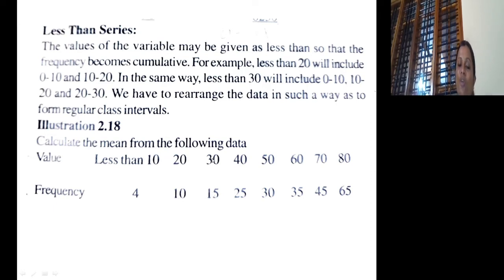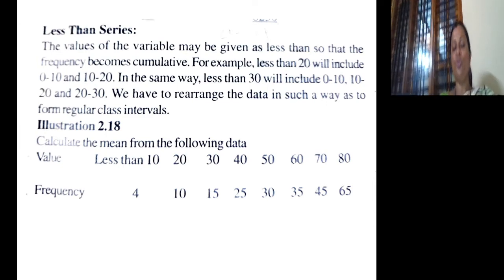If you want to know exactly the number of students who scored 20 to 30, you should deduct 10 from 15. Did you get my point? So when the series is a less than series, the frequencies given are cumulative in nature.